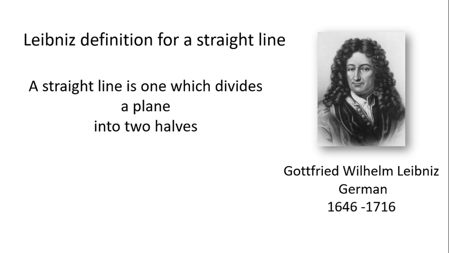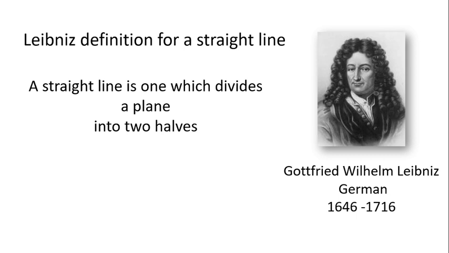This is his definition. Later, after BC, many mathematicians have tried to define in their own ways whatever Euclid has done. Here is the one, Leibniz, a very popular mathematician from Germany.